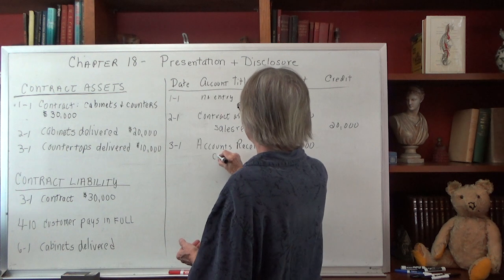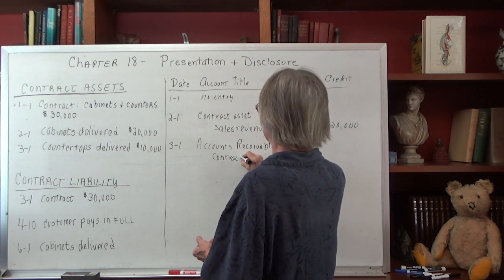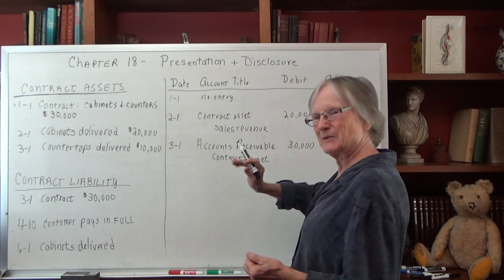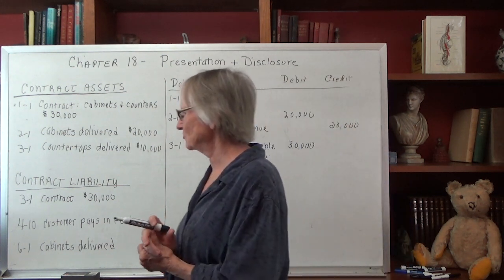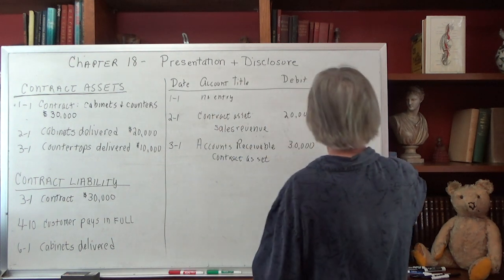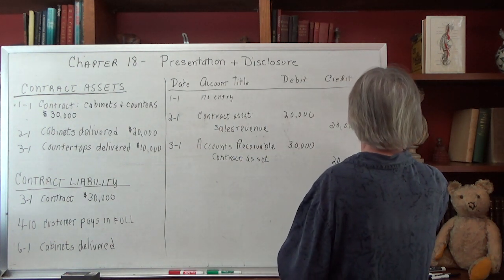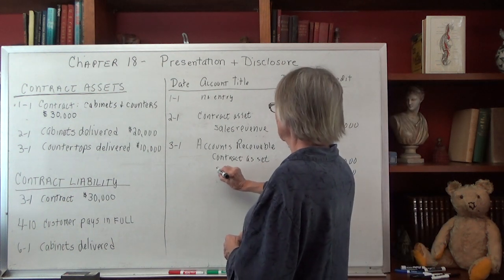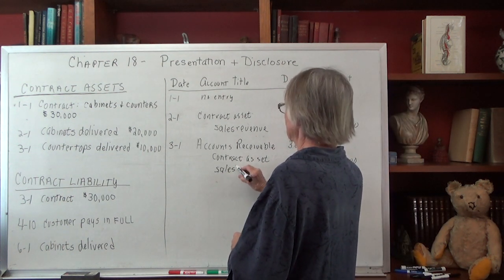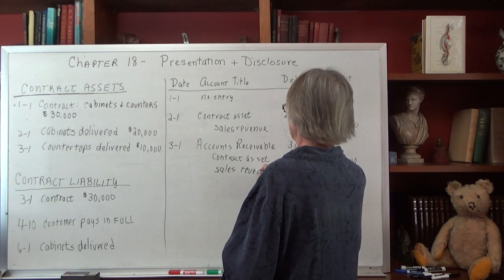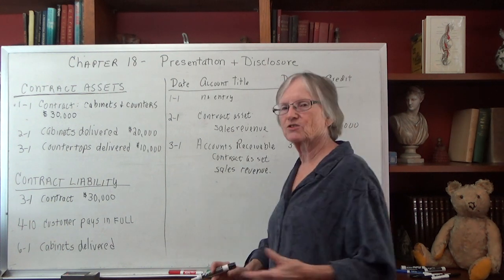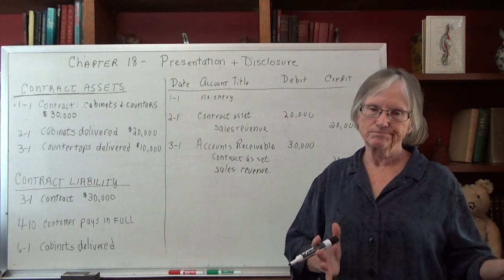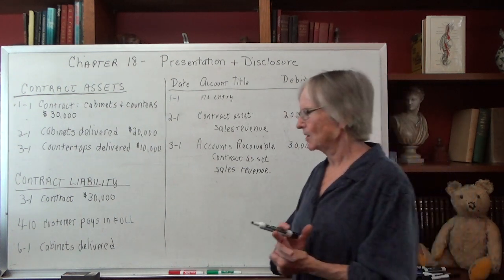You would reduce the contract asset account because the conditions have been met, and so that would be credited for the $20,000. And then you would book the rest of the sales revenue associated with the countertops. Okay, that doesn't make a whole lot of intuitive sense, but if you think about it, it makes some sense.